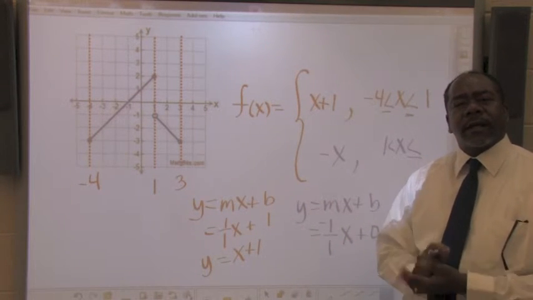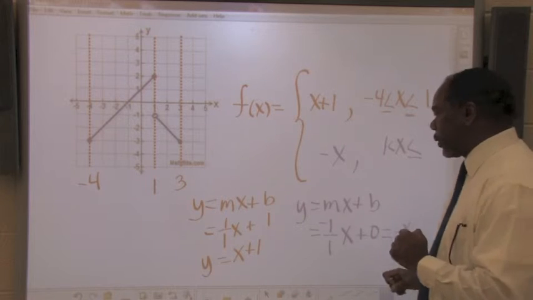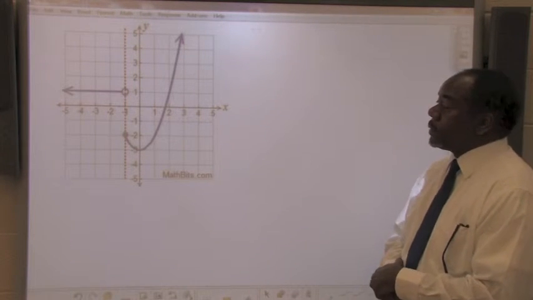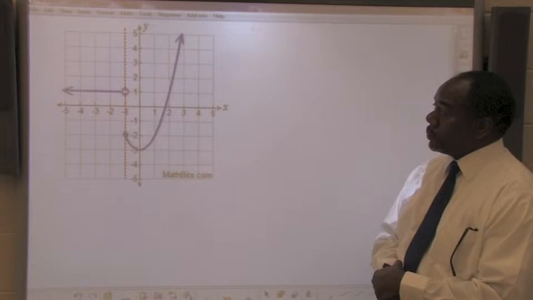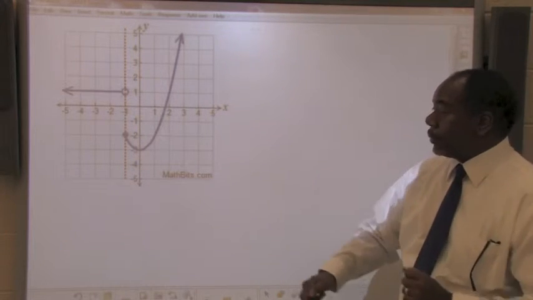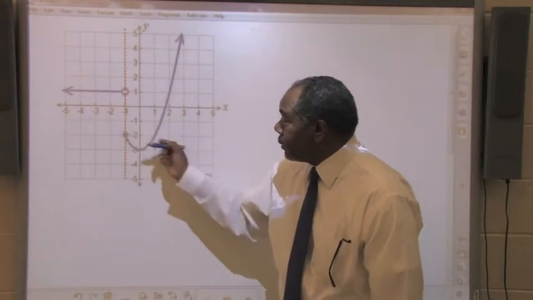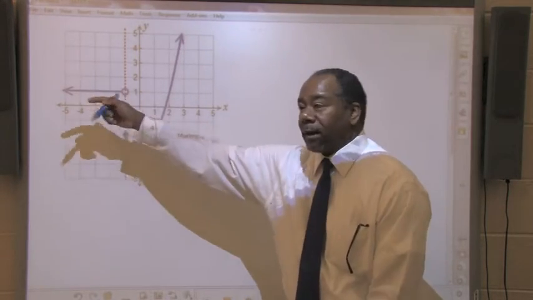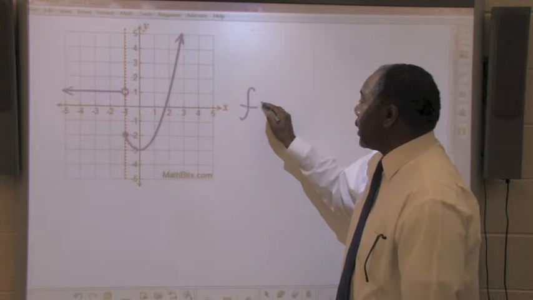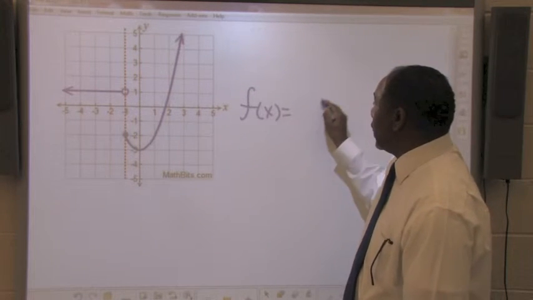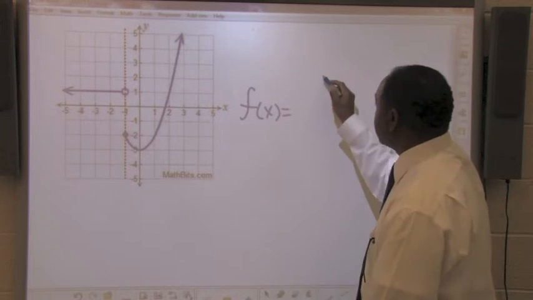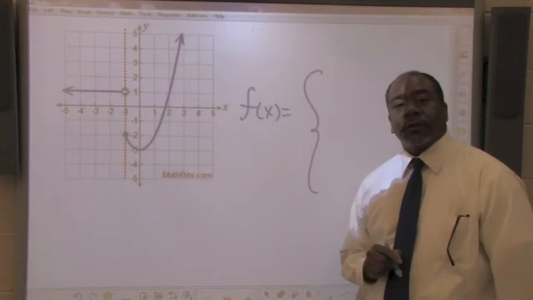Kind of looks tricky, kind of complex. Let's look at one more real quick. So now, here is another function. We only have one region here. So from -1 to infinity, we've got this equation. We've got that line. So again, I'm going to write f of x equal to... We've got two equations.